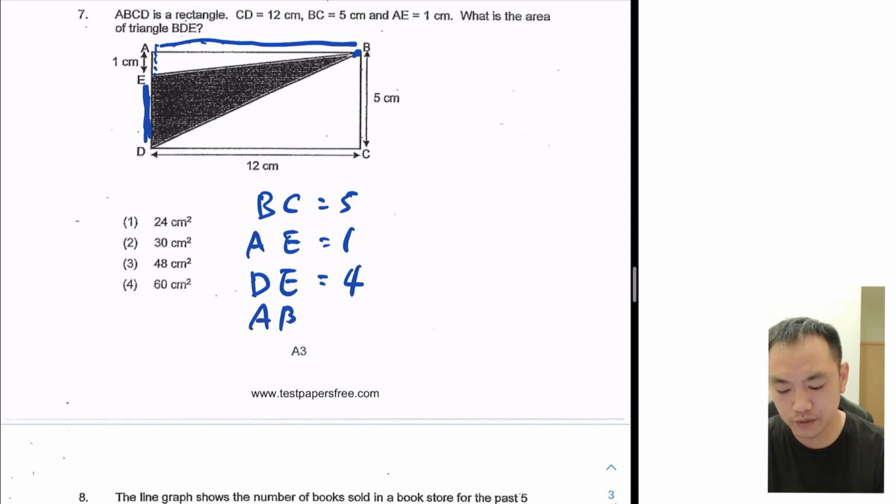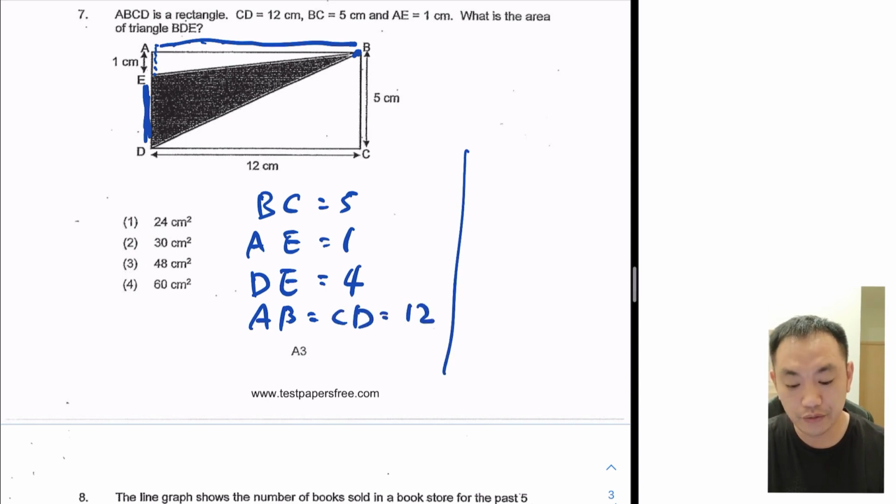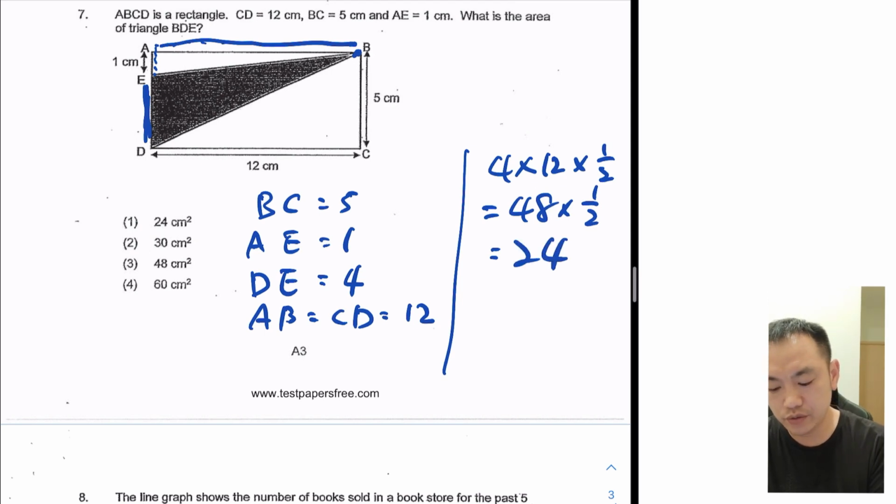So what's AB? AB is the same as CD, which is 12. So the area will be 4 times 12 times half, which equals 4 times 12 is 48, and then times by half, which means divided by 2, so it's 24. So the answer is 1.